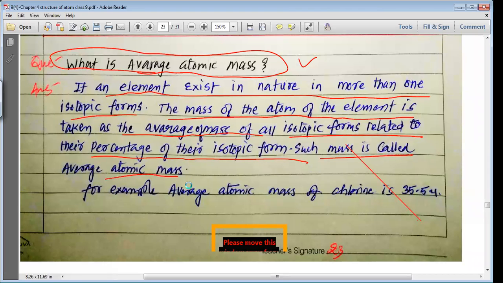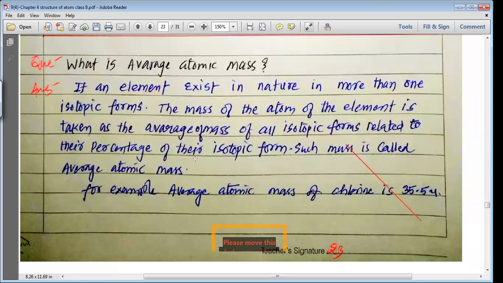Now, my dear students, if you look into the discussion of our class, you will come to know that there are some elements which exist in various isotopes. For example, we have seen that chlorine exists as the isotopes 17Cl35 and 17Cl37.